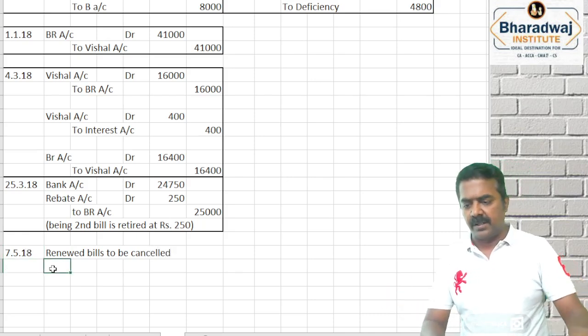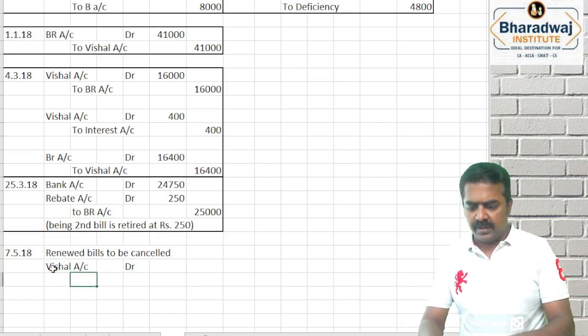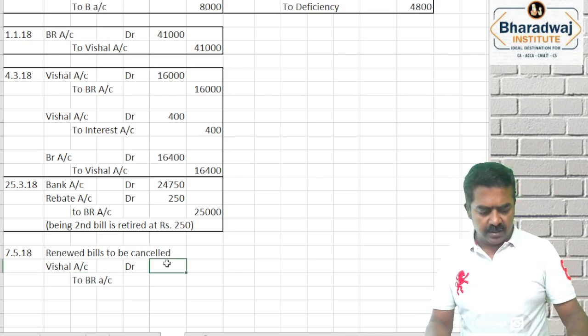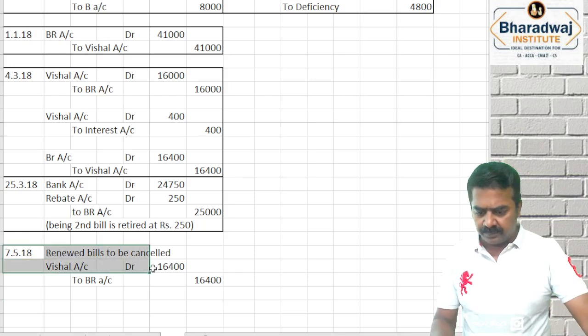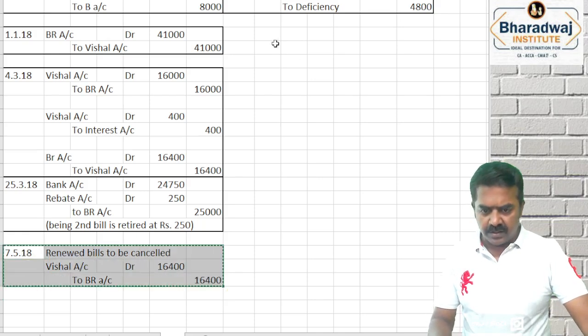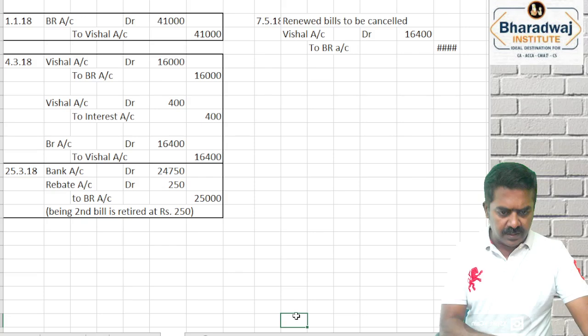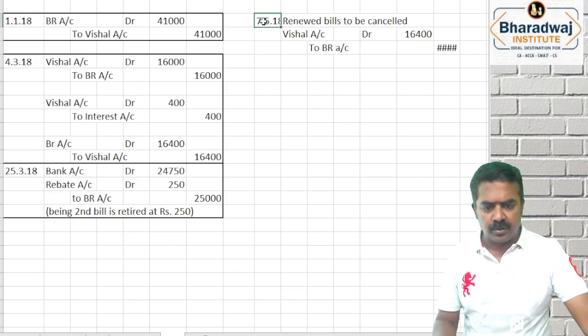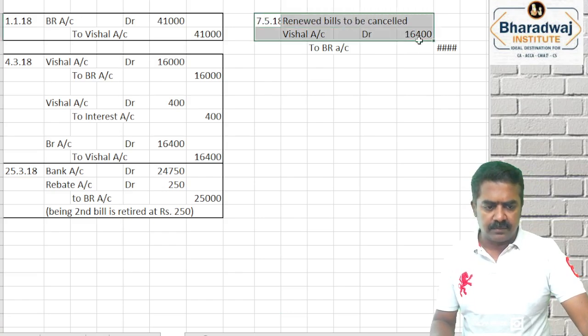What is the entry you will pass? Vishal account debit to which account? Bills receivable account. Cancel the bill, 16,400. The renewed bill is cancelled. Vishal account debit to bills receivable account.